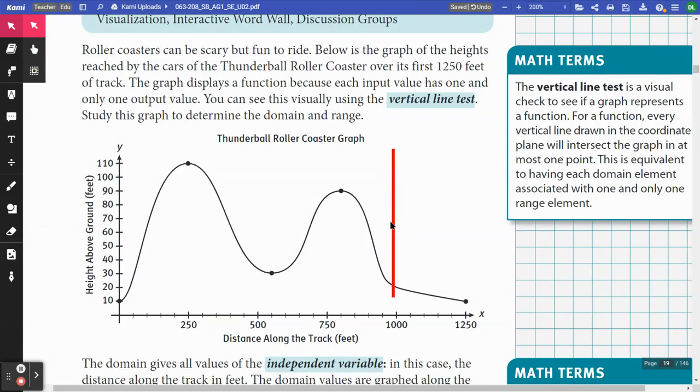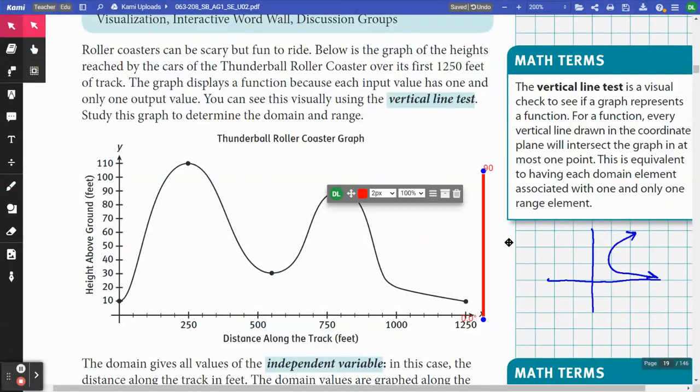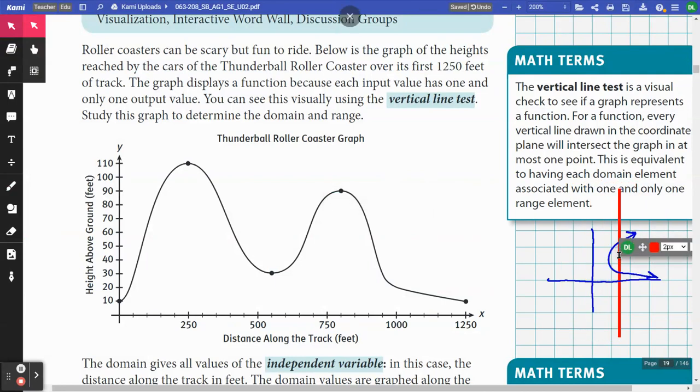If it's going to touch more than once, it's going to be obvious. You're going to have a graph something like this, where it obviously touches more than once.